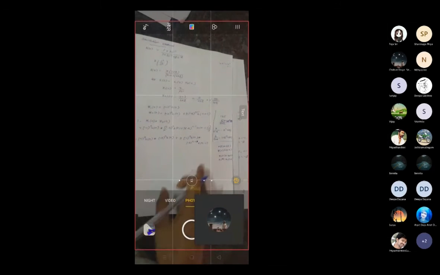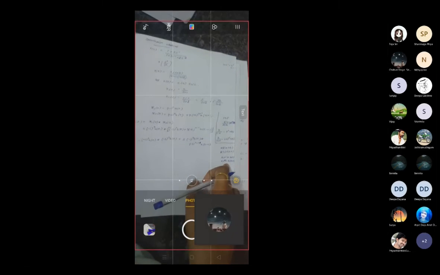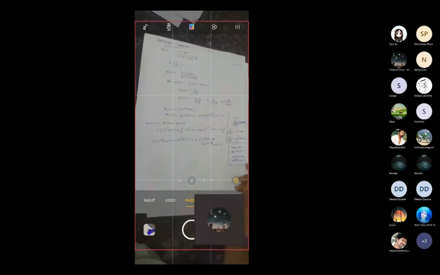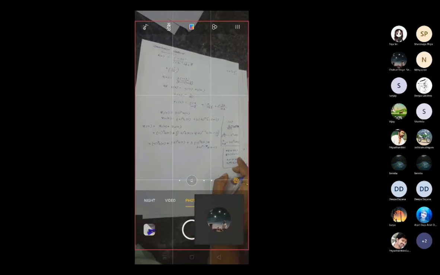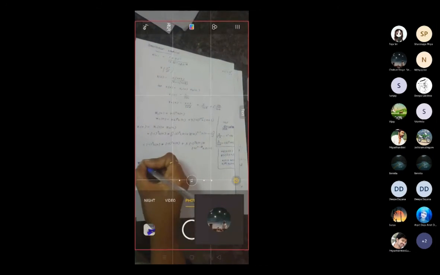The first term you replace by k, the second term you replace by n minus k. This is your formula for convolution.